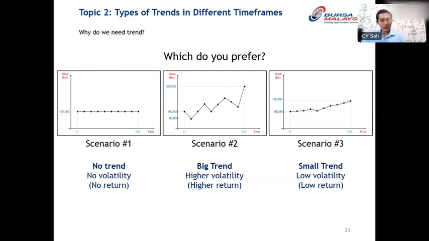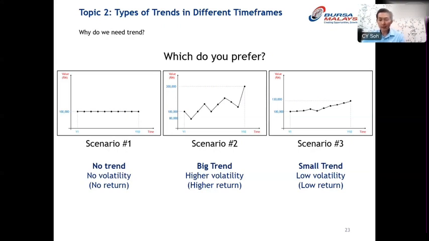All right. So here I can say is that, regardless whether you choose scenario 2 or scenario 3, what I would like to highlight to you here is that regardless of which scenario you prefer, there is volatility, and you need to be able to accept the result and the outcome you get for the volatility that you choose.